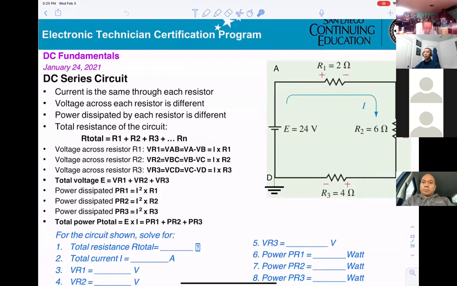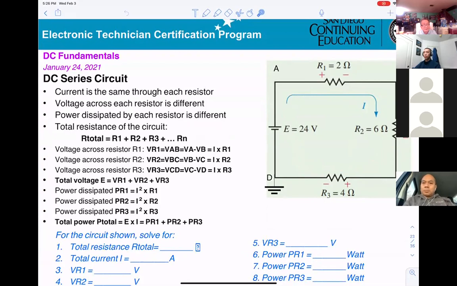Okay, now you can see this is the series circuitry. How do we know it's series? You can see you get only one current coming from the power. They go through the same current through each resistor.